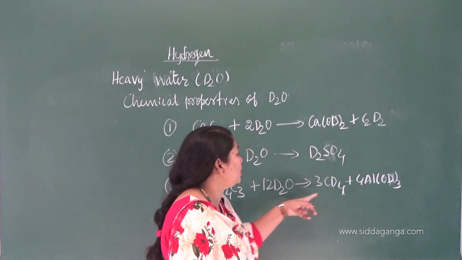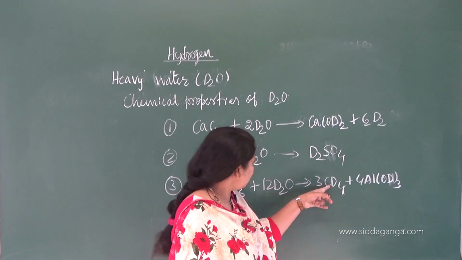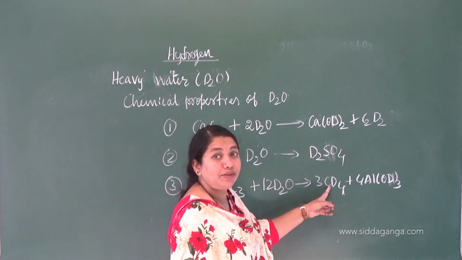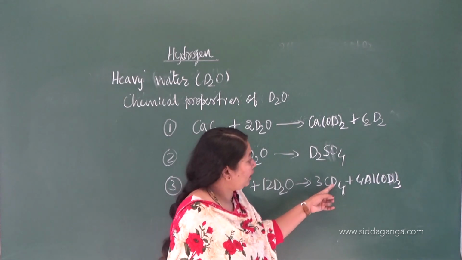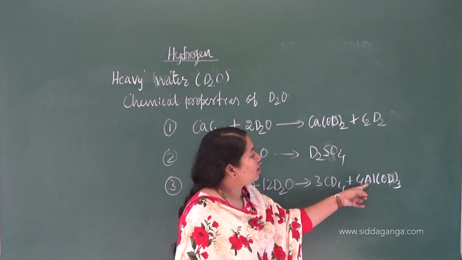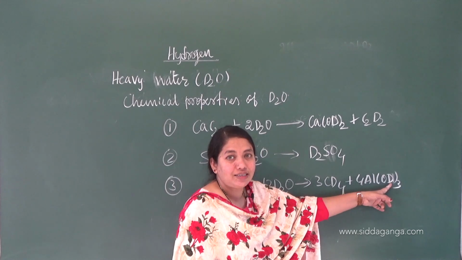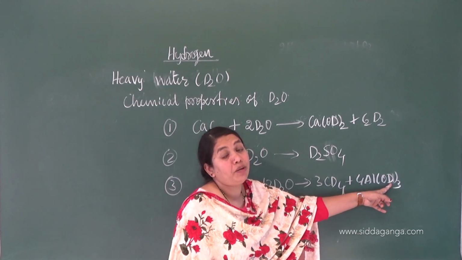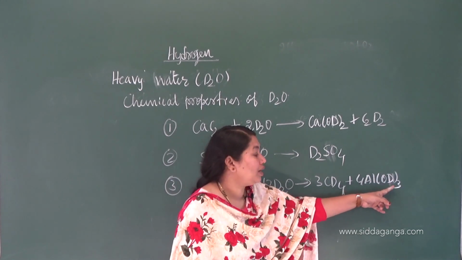It is a compound similar to methane. CD4 is like CH4, that is methane, and then here it is nothing but aluminium hydroxide. It is not exactly aluminium hydroxide because it is a hydroxide of deuterium here, D here, Al(OD)3.